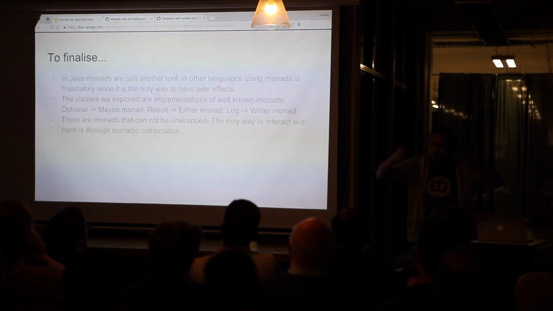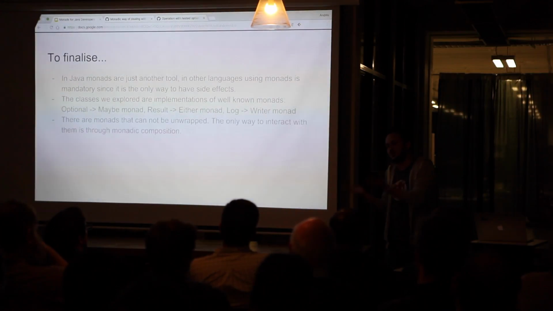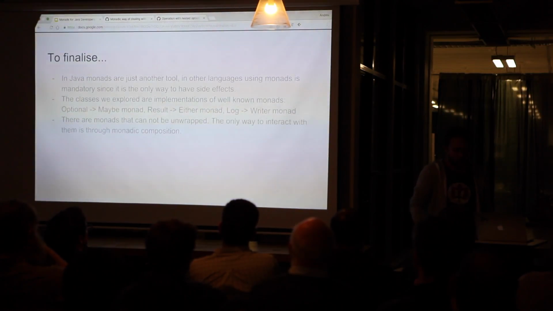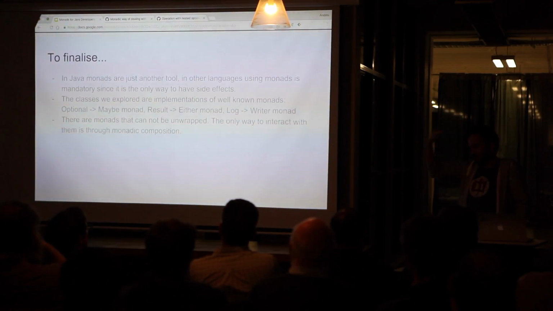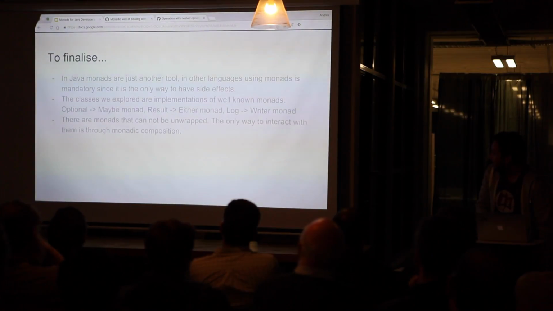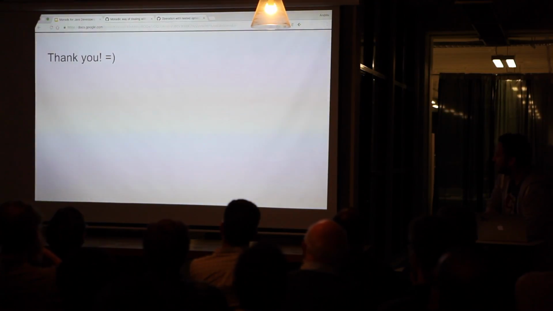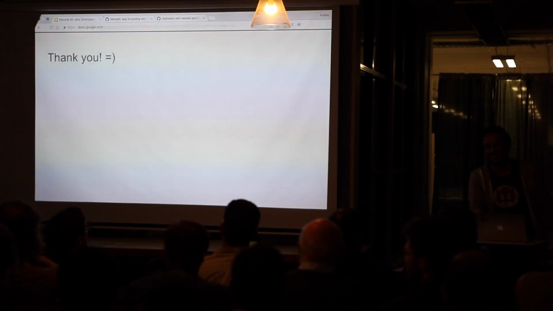Therefore, the only way you can interact with promises is using monad composition. Although nobody calls them like that, they just call it then and so on, it's basically monad composition. So in JavaScript, a promise is a monad. And then, yeah, thank you.